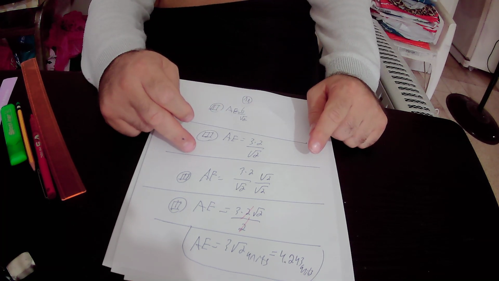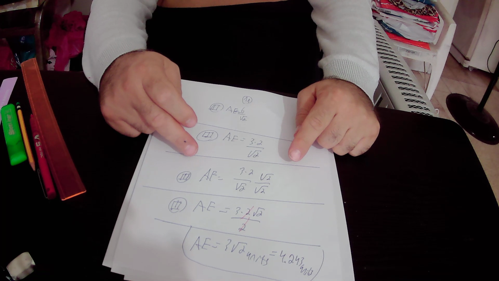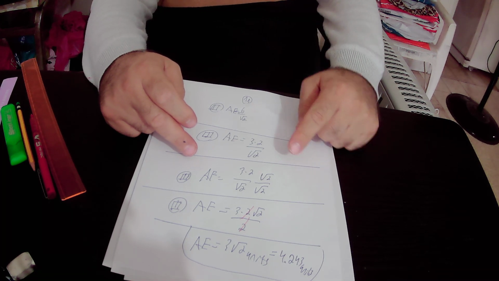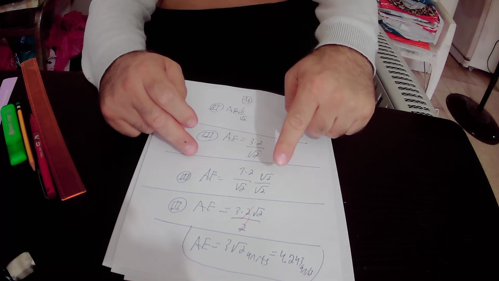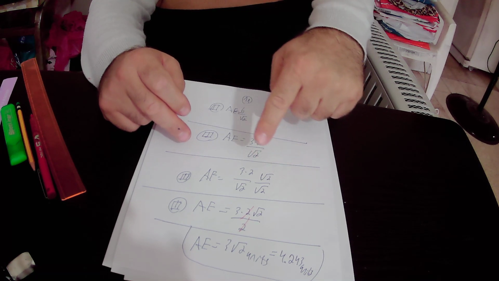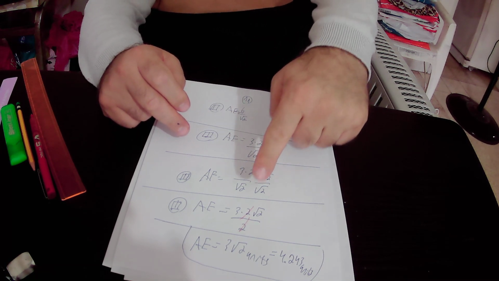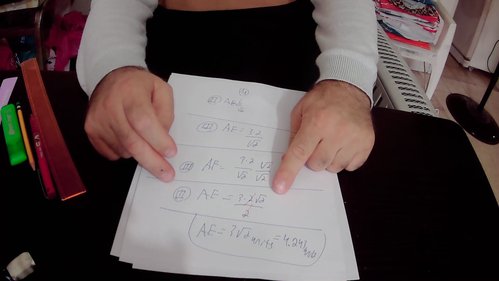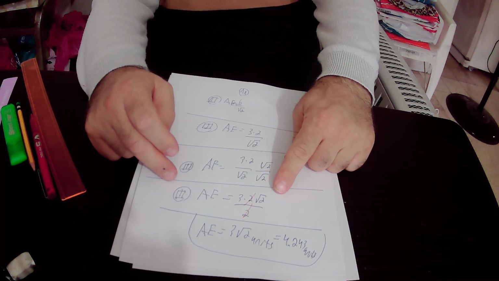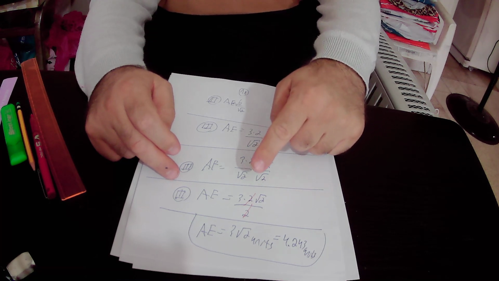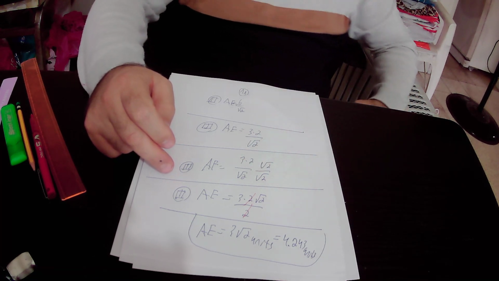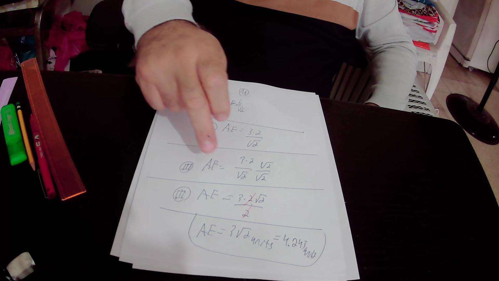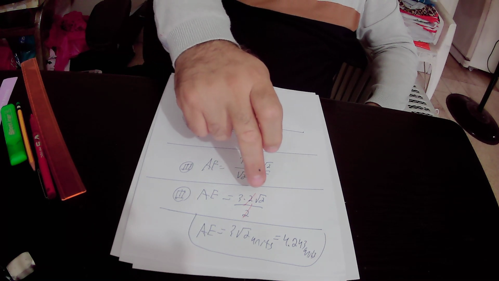In the denominator we have the square root of 2 times the square root of 2, which is 2. And 2 over 2 is 1, so 2 gets cancelled, and we found that AE equals 3 times the square root of 2 units.